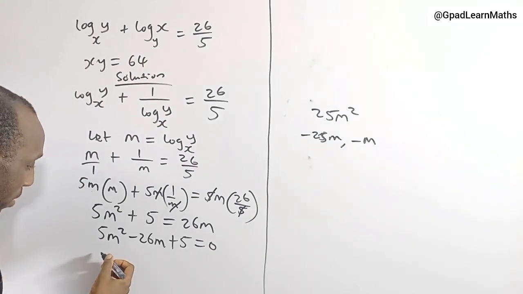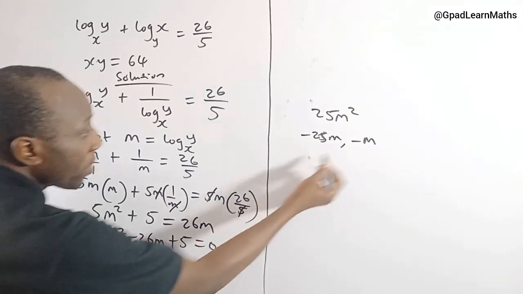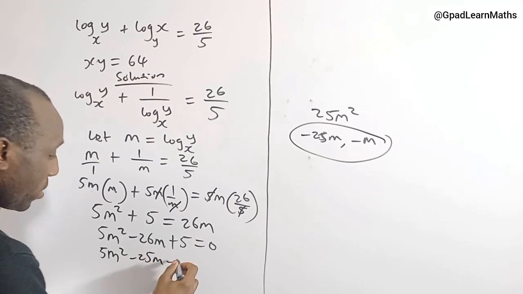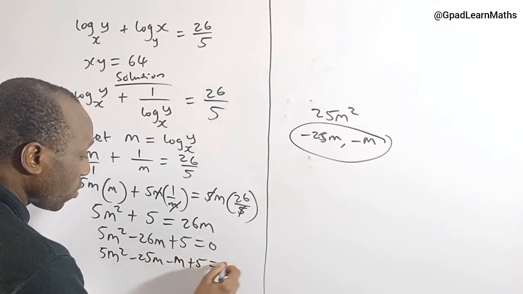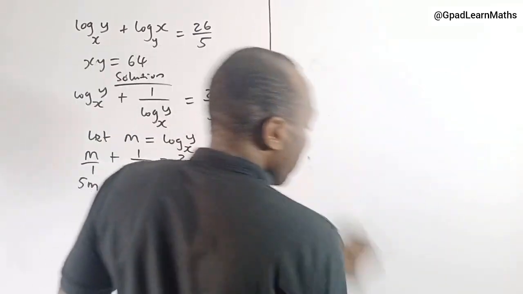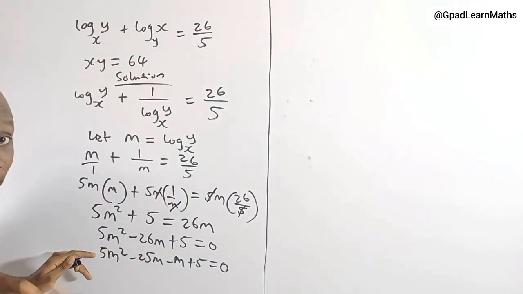So I'm going to wrap them in a bracket. 5m squared, I'll replace negative 26m with these two. So I'll have minus 25m minus m plus 5 is equal to 0. Now let me rewrite this. Let's pick the first two terms. What's common here? 5m.